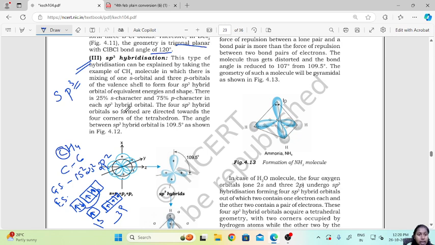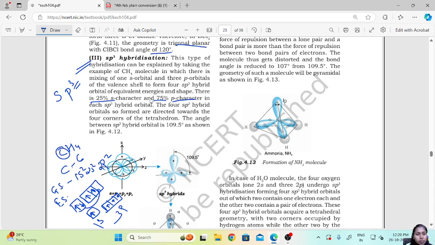Now in sp3 hybridization you have 25% character given by the s orbital and 75% character given by the p orbitals, because there are three p orbitals and only one s orbital.